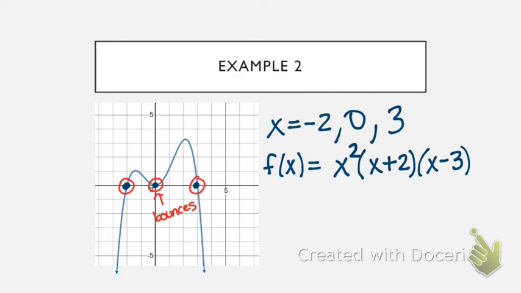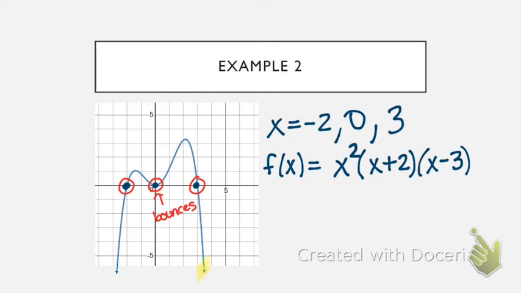The last thing I need to do is determine, is my leading coefficient positive or negative? And just like the last one, to determine if the leading coefficient is positive or negative, we're looking at the right arrow. If the right arrow is pointing in the positive direction, the leading coefficient is positive. If the right arrow is pointing in the negative direction, then our leading coefficient is negative.